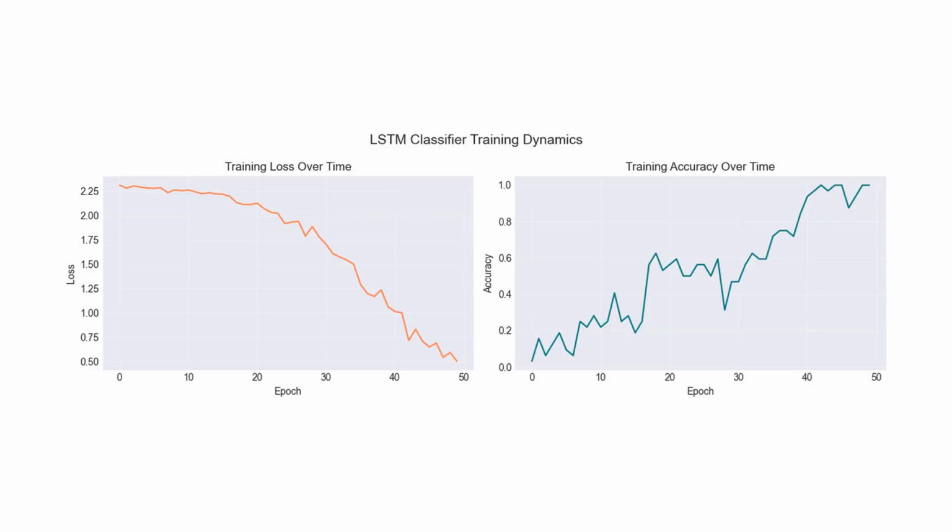The accuracy plot on the right shows improvement from random guessing to much better performance. Our final loss of 0.85 and accuracy of 0.78 demonstrate that the LSTM successfully learned to classify sequences based on their temporal patterns. This visualization really helps us understand how LSTMs learn over time.